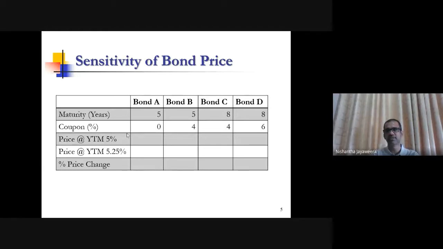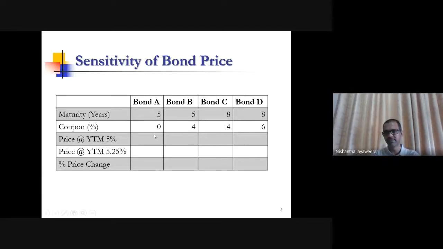That's why you get 78 and 77, something like that. And the other thing is, for each bond, the price at 5% should be higher than the price at 5.25%. So you should be able to see that pattern.